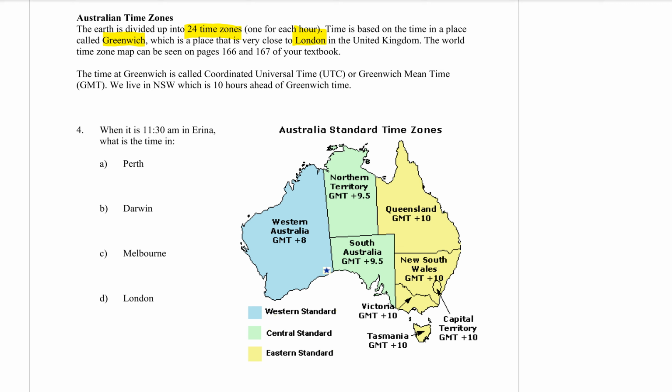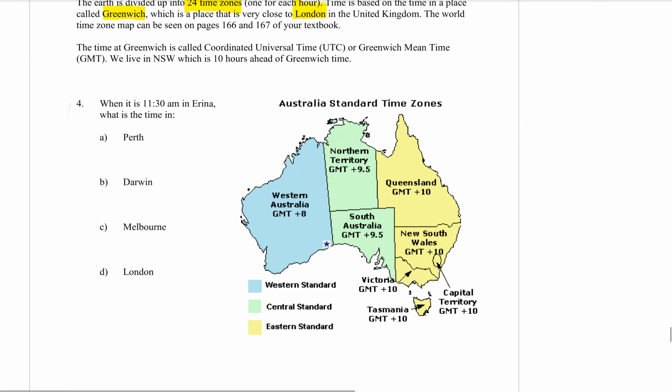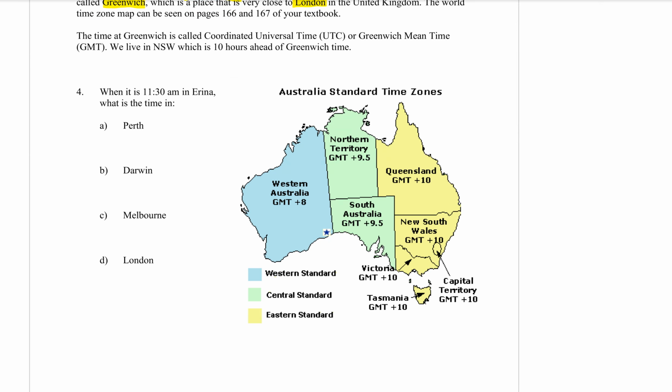The world time zone map can be seen in your textbook if you want to see the whole map, but we're just going to look at this little map down here of Australia. The time at Greenwich is called the Coordinated Universal Time, or UTC, or you may also hear it being called the Greenwich Mean Time, GMT.